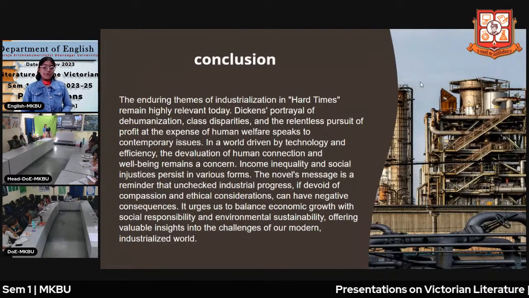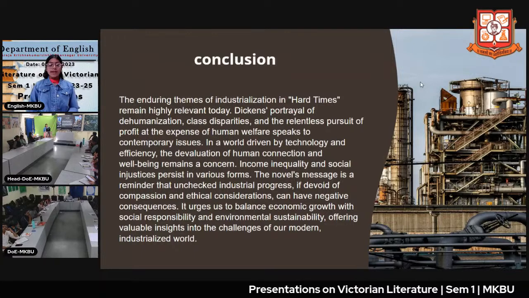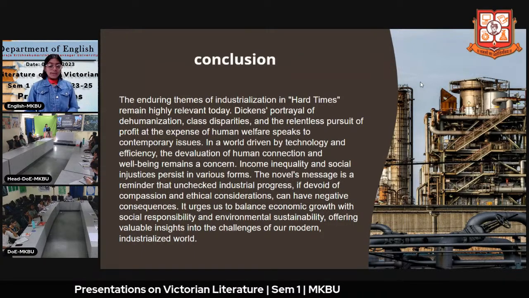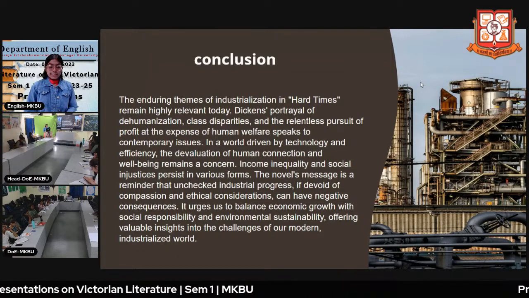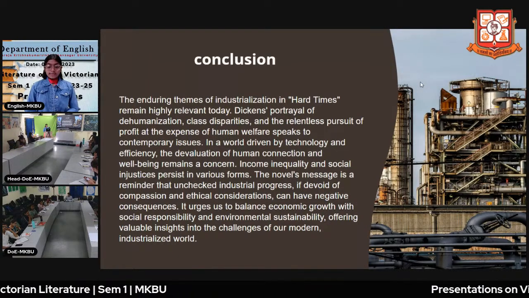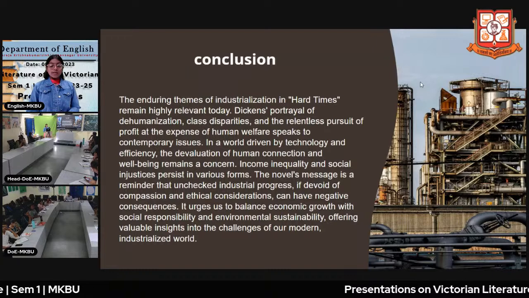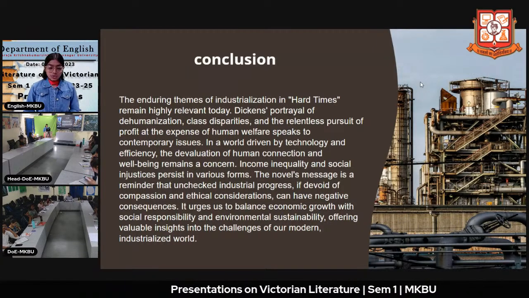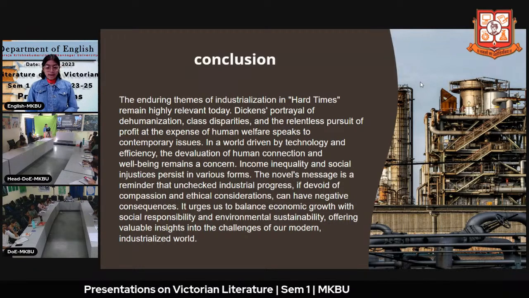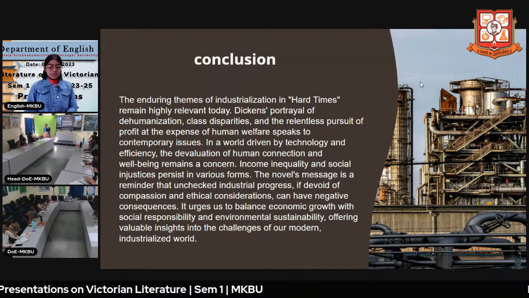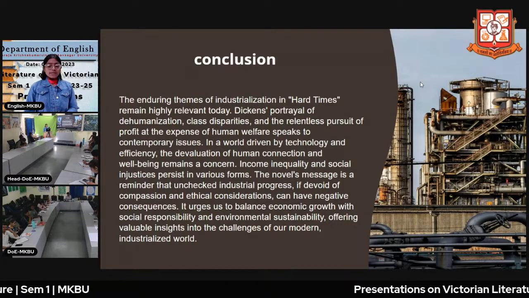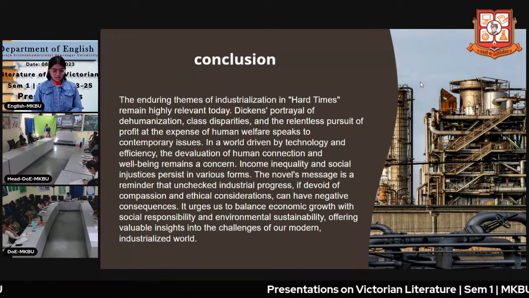Conclusion. The enduring themes of industrialization in Hard Times remain highly relevant today. Dickens's portrayal of dehumanization, class disparities, and the relentless pursuit of profit at the expense of human welfare speaks to contemporary issues. In a world driven by technology, the devaluation of human condition and well-being remains a concern.